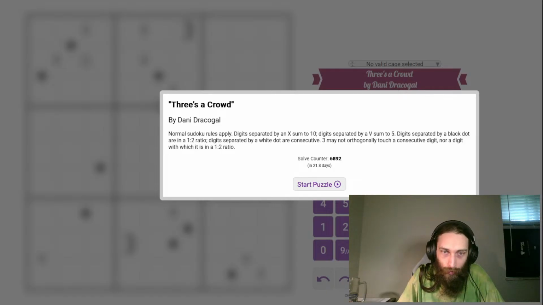Normal Sudoku rules apply. Digits separated by an X sum to 10. Digits separated by a V sum to 5. And digits separated by a black dot are in a 1 to 2 ratio. Digits separated by a white dot are consecutive, and 3 may not orthogonally touch a consecutive digit, nor a digit with which it is in a 1 to 2 ratio.